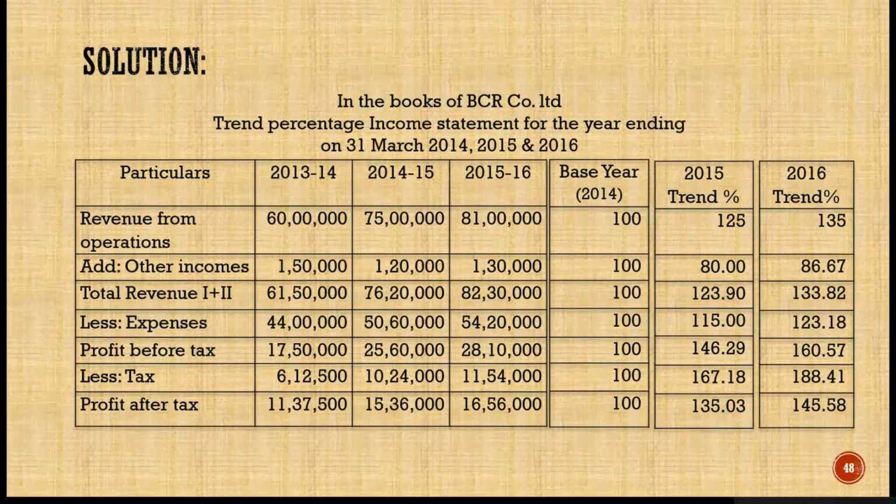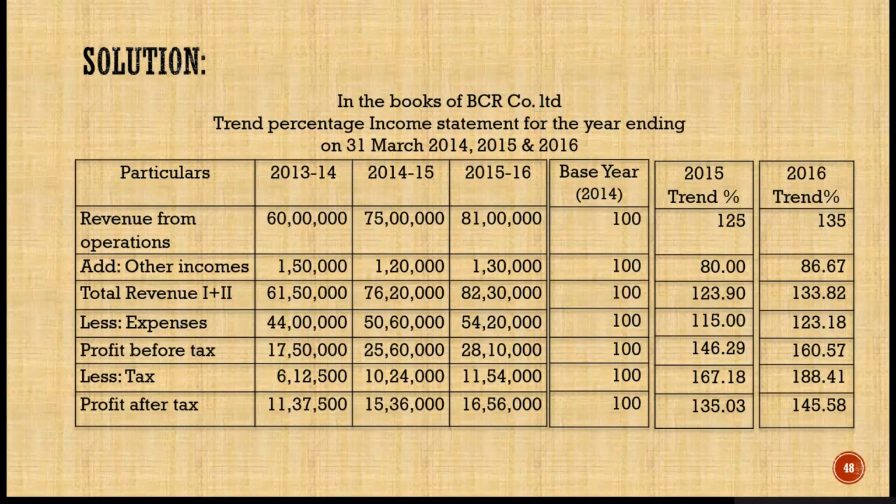For the same particular, that is revenue from operation, we will see how to calculate the trend percentage for the year 2016. Base will remain the same. Now, by applying the formula, that is 81 lakh divided by 60 lakh into 100, we will be able to arrive at 135%.